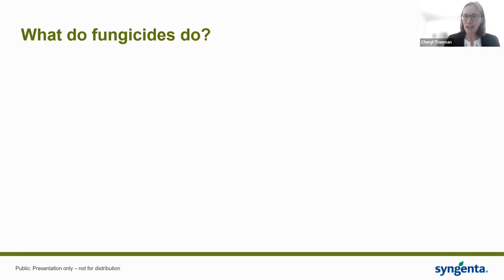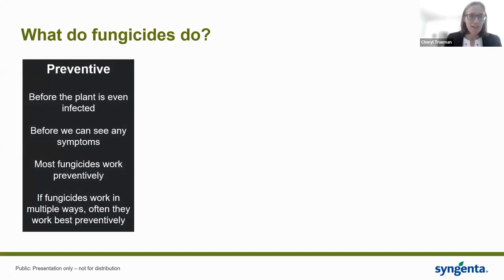So what do fungicides do? We will look at this in four categories. Preventative fungicides, when we use them preventatively, work before the plant is infected. They are working before we see symptoms. Symptoms are the plant's reaction to being infected by a fungus, so we don't see symptoms until well after infection has occurred.